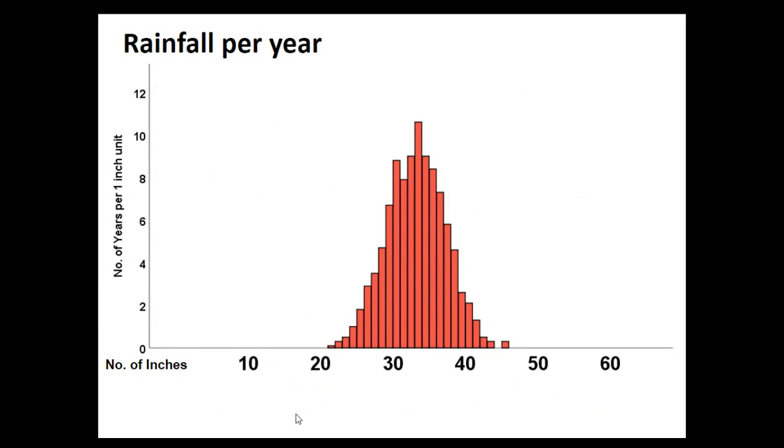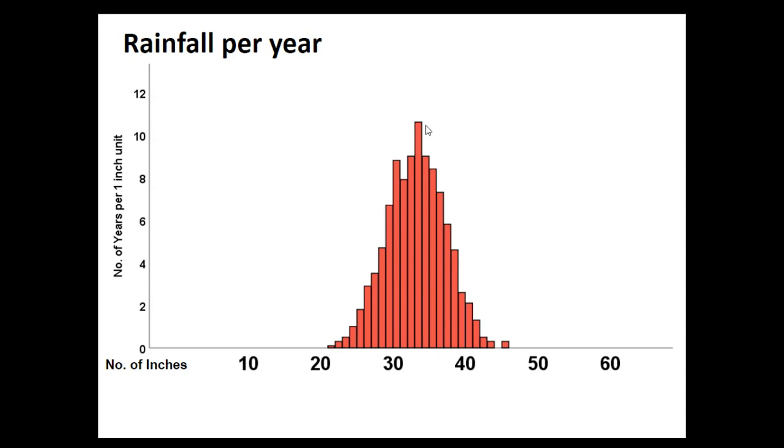This is a histogram that shows the rainfall per year in inches in a certain part of the world. The data is for about 120 years. The x-axis, that is on the bottom, shows the number of inches of rain per year. And the y-axis, that's over here on the left, shows the number of years that had that much rain.